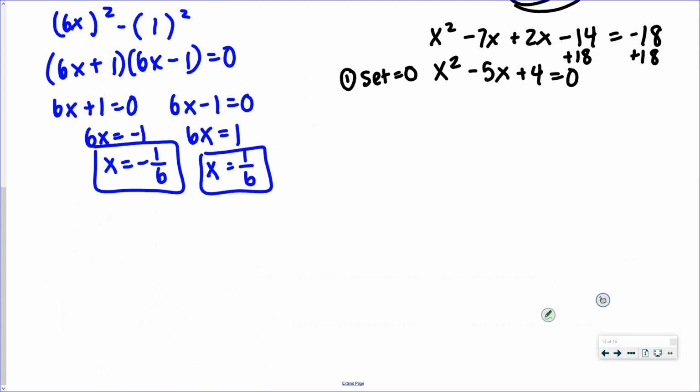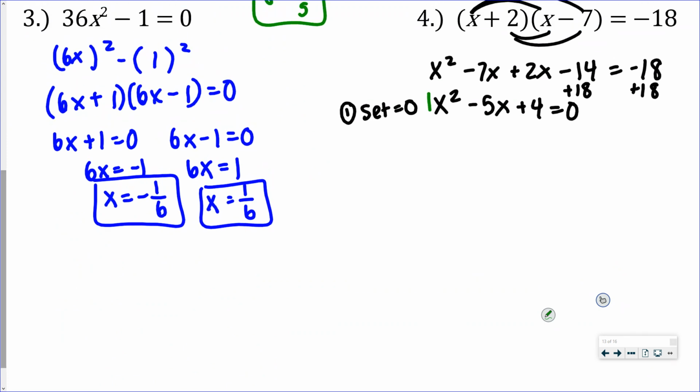Okay. 3 terms, yes, with a 1 in front. Bingo. That's a little shortcut, the quick way to do this. Because the only way I can get x squared is x times x. All right, now I still need to do the process. What multiplies to positive 4? What two numbers multiply to positive 4 and add to negative 5?